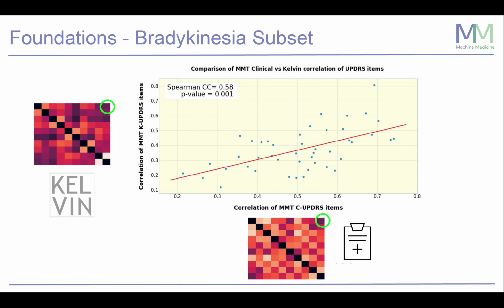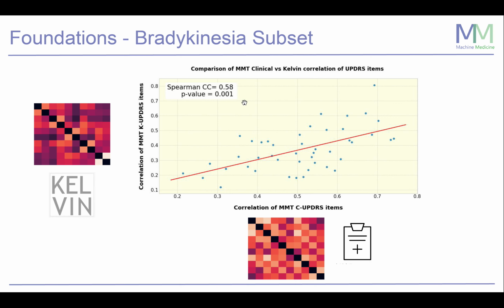Each pair of elements corresponds to a single point on the scatter plot, and we go through all of the elements, plotting their various positions. What we end up with is a scatter plot where each point corresponds to one of these comparisons. Then we can ask ourselves, what's the correlation between these two? And we see that there's a significant, and when we calculate the p-value, extremely significant correlation between these two.